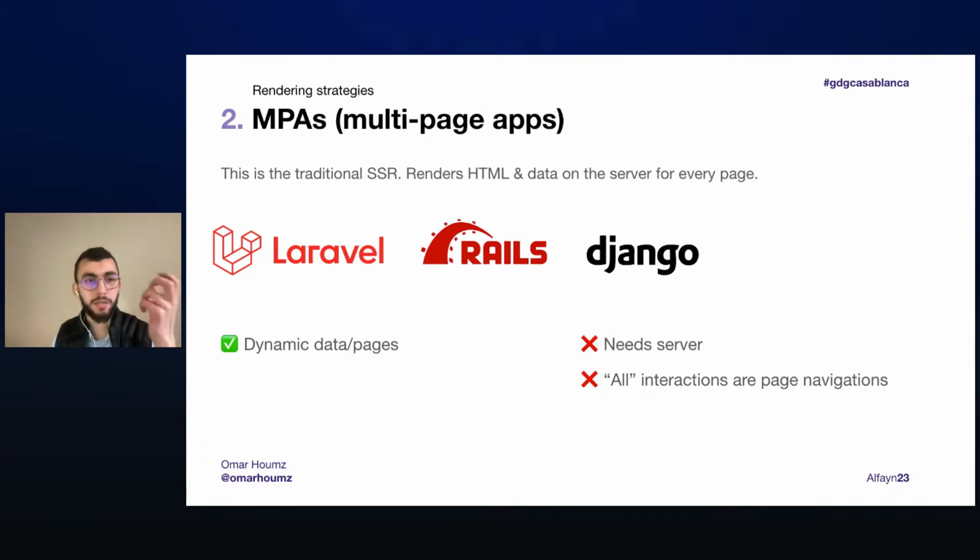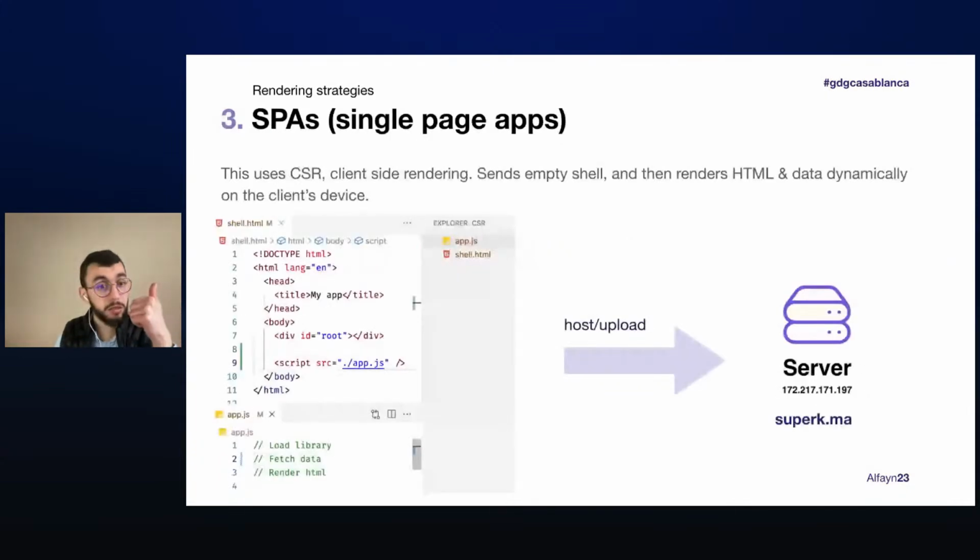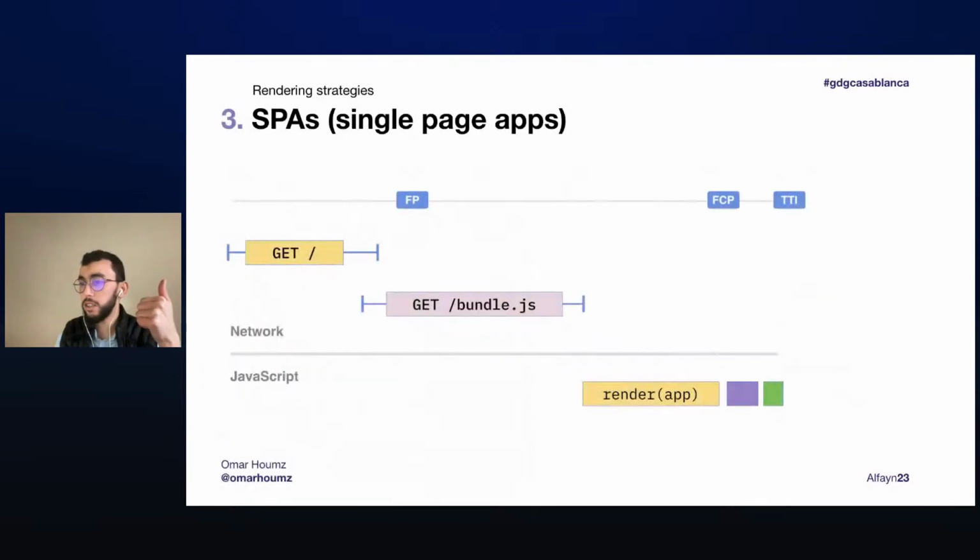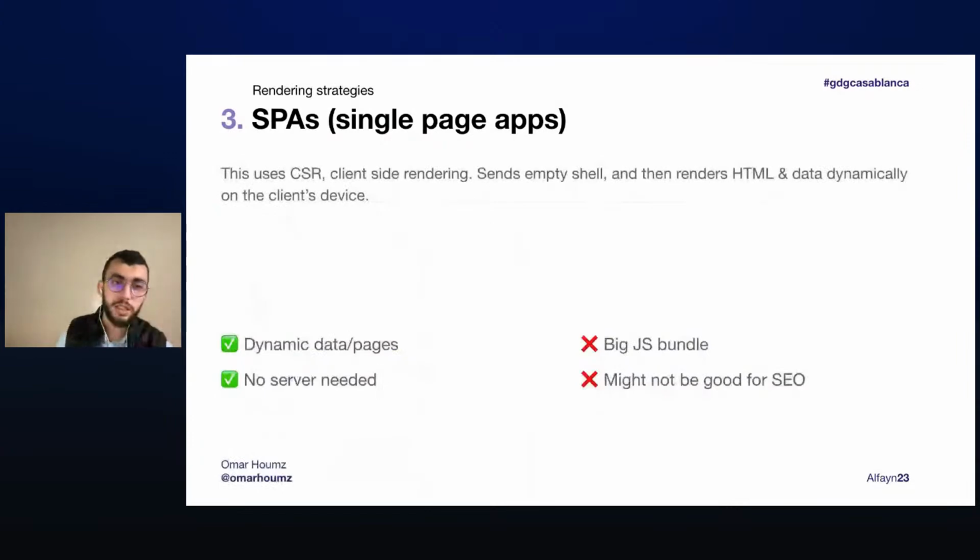We wanted something to lighten that. Then we saw SPAs, where we send and host static files. That's good, we don't need a server, and it's dynamic. Why? Because JavaScript takes charge of rendering that page. Now we are facing another issue, which is the big JS bundle, and SEO we got out of it. So now we need to calibrate as well.